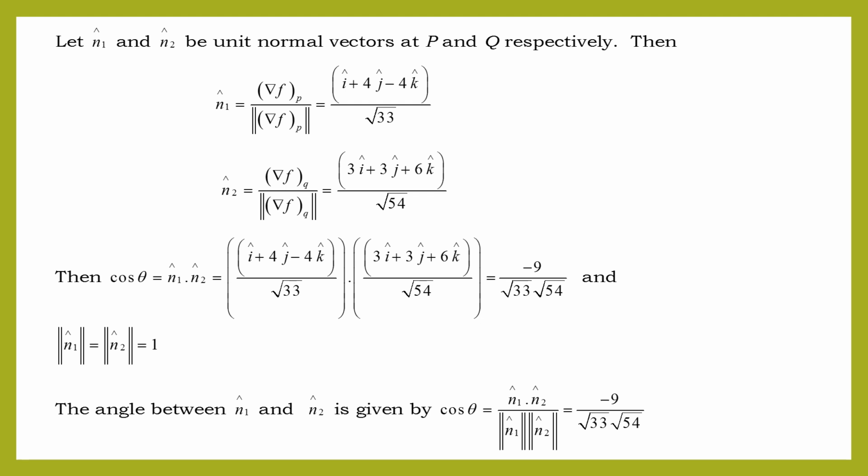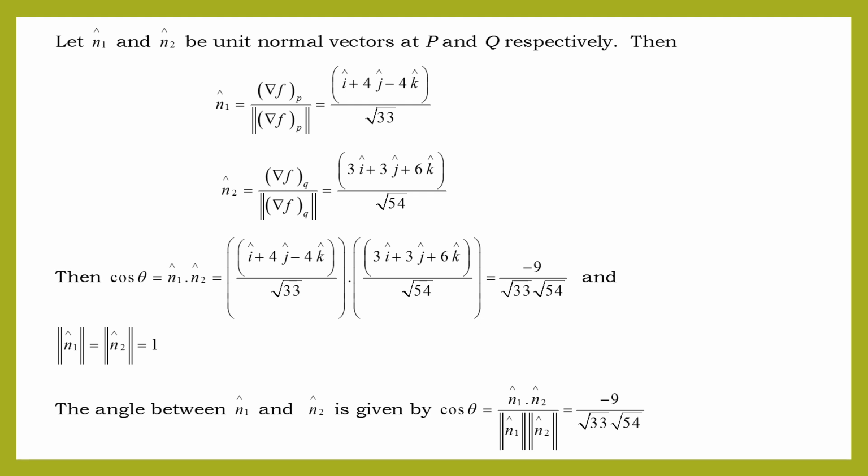But we want unit normals to the given surface at the given points. Let us suppose n1 denotes a unit normal to the given surface at the point P (4, 1, 2). Let n2 denote the unit normal to the surface f(x, y, z) = xy − z² at the point Q (3, 3, −3).